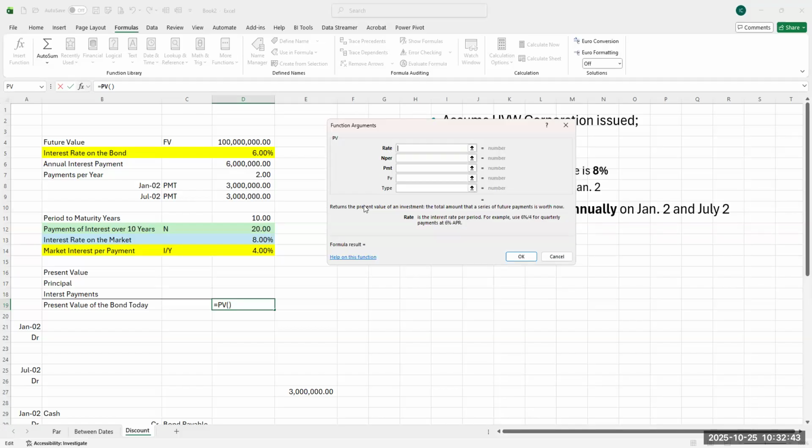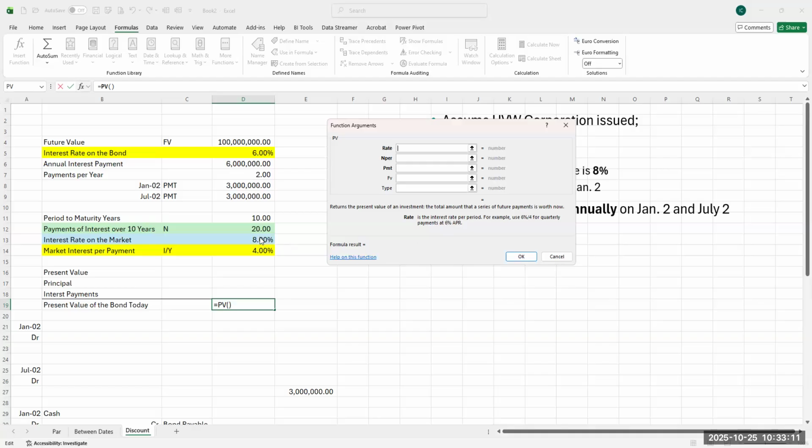The rate is the interest rate per period. For example, use 6 divided by 4 for quarterly payments. So if you have 4 payments per year and your interest is 6%, you have to go 6 divided by 4.